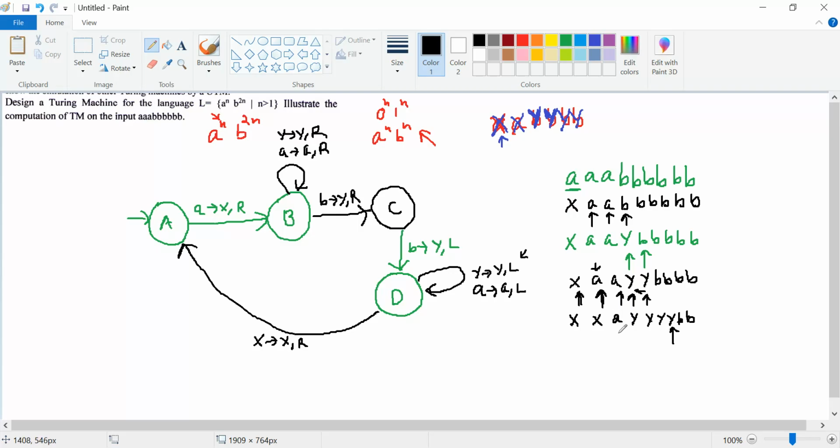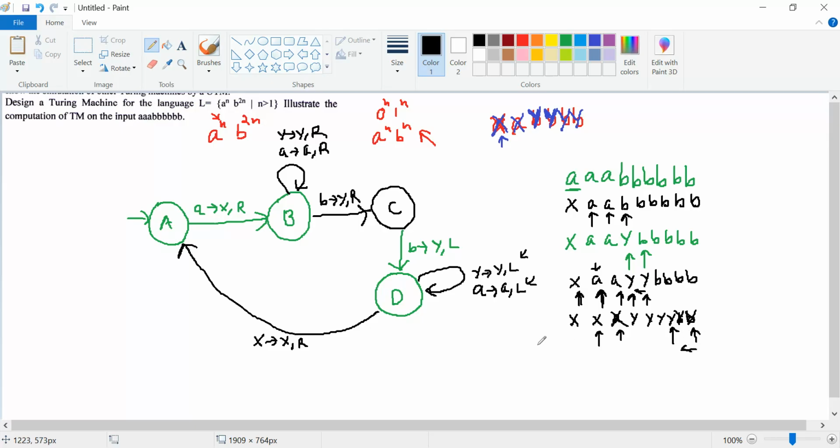I'll just keep moving left. Keep moving. Then you see A, again you move left, then you see X, then you move right, then you see A, cross it off, then move right, skip Y, and then you do that. And then finally, when you are here, you again move left.